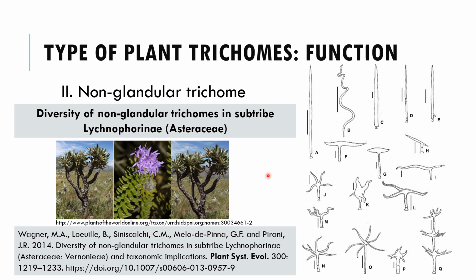Figure A to E show unbranched trichome in different species of the plant in subtype Lichenophorinae, and figure F to M show a branched trichome such as 2-arm or T-shape or 3 to 5-arm trichome, and figure N to Q show many types of asteroid trichome in subtype Lichenophorinae.